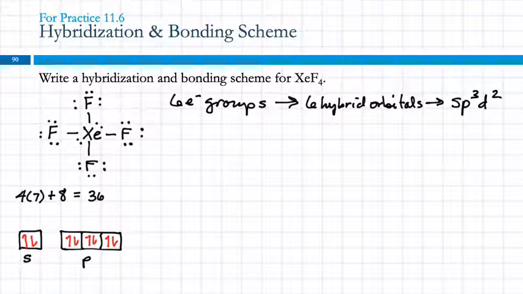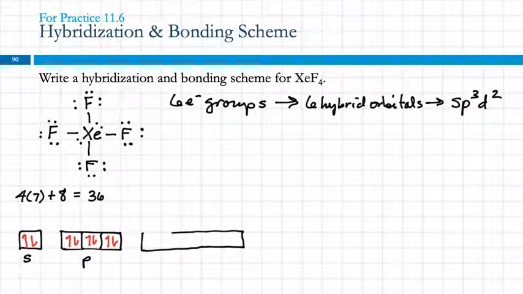Now, normally we wouldn't draw the d orbitals, but here, since we're going to be expanding into them, I think it's helpful to draw them. They're empty. So this is a xenon atom by itself.